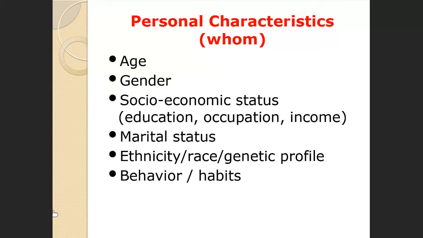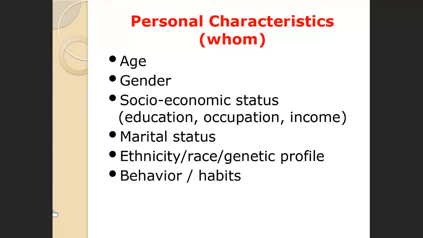Also, regarding socioeconomic status, education, occupation, income, some conditions are more common among people with low education level, while other diseases are common among those with high education level. Second one is occupation.